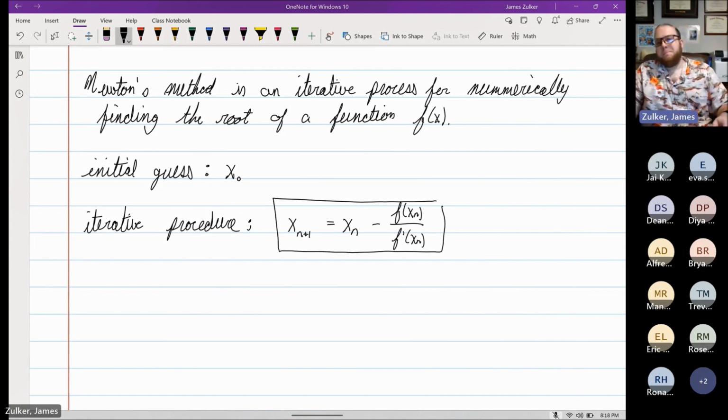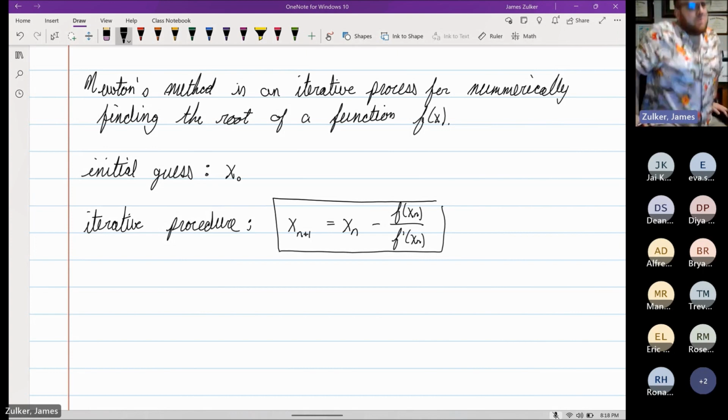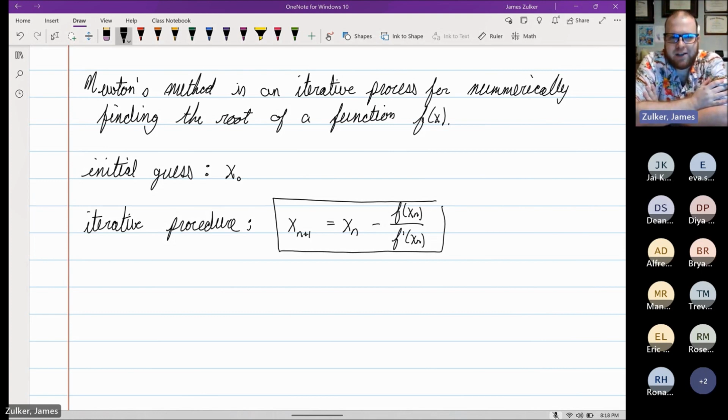Now, here's the problem with all iterative techniques. You generally do not know how many steps you need until you actually do it. So what could wind up happening is maybe you only need 2 steps, right?